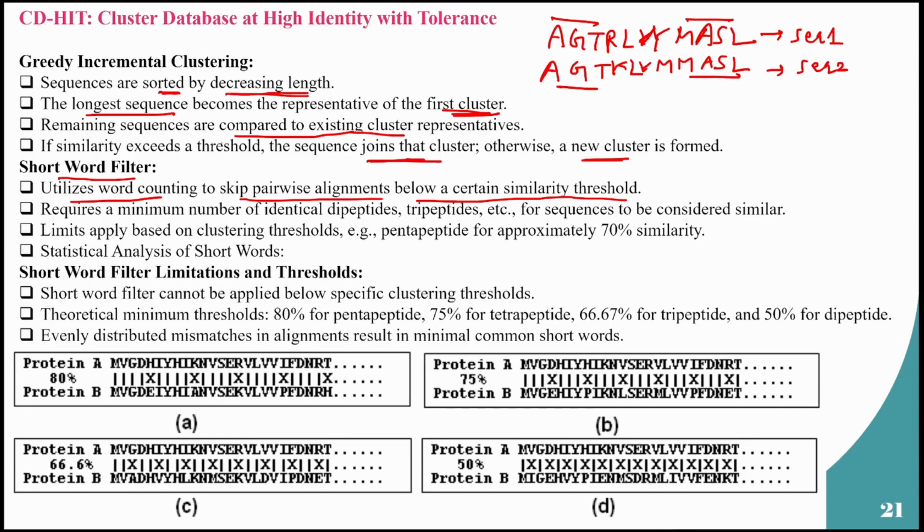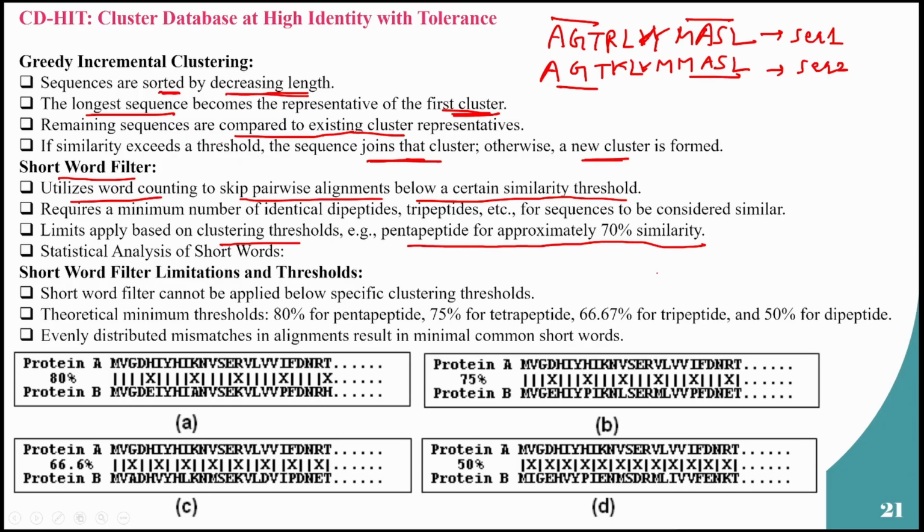This is the type of logic the algorithm is using, and then it operates based on a certain threshold, for example, pentapeptide for approximately 70% similarity threshold. So you have to provide the threshold value as well as how many character words you want to match.